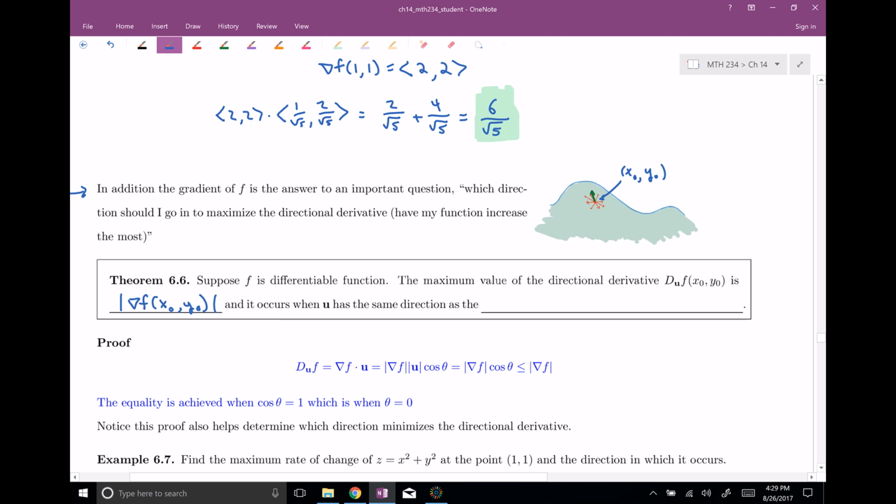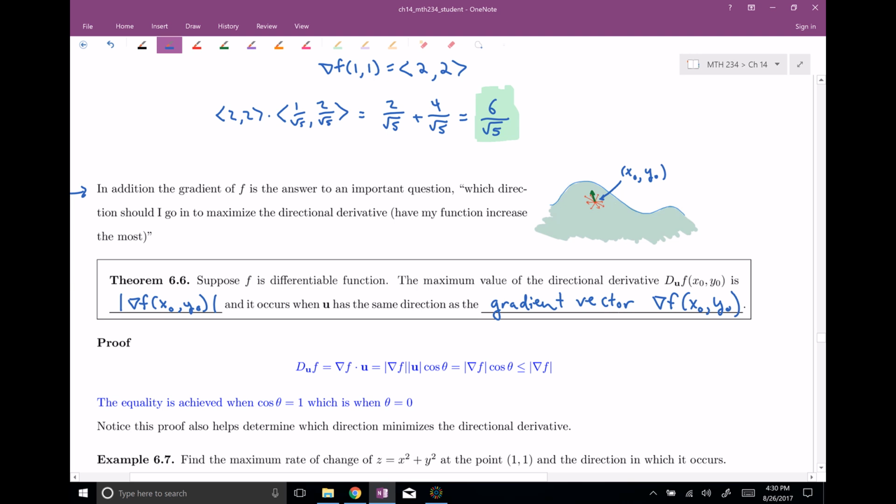So if you want to know the maximum of the directional derivative, that's how you find it. And it occurs when u has the same direction as the gradient vector itself, again evaluated at that point, x naught, y naught.